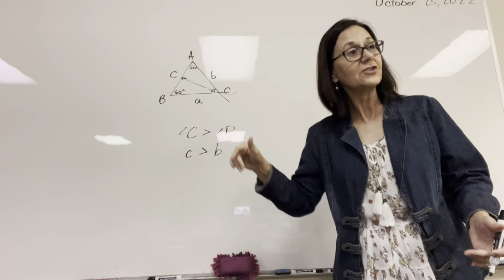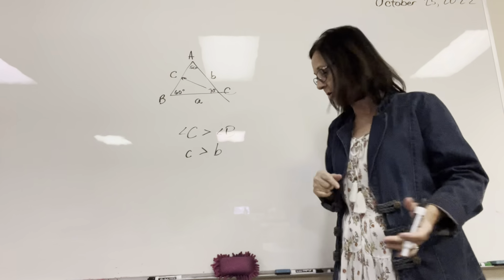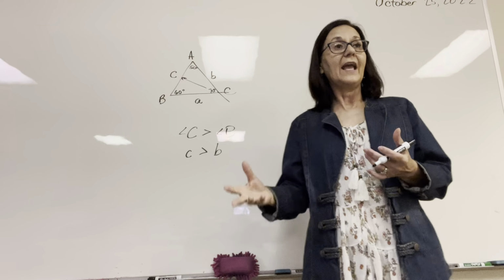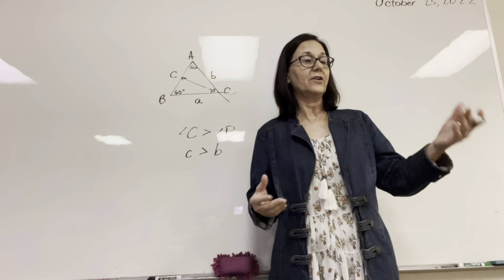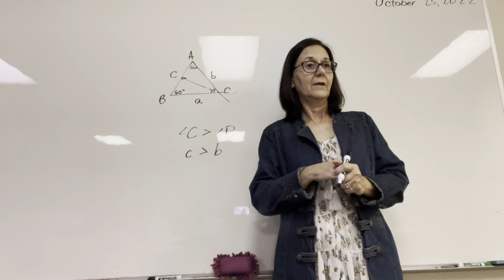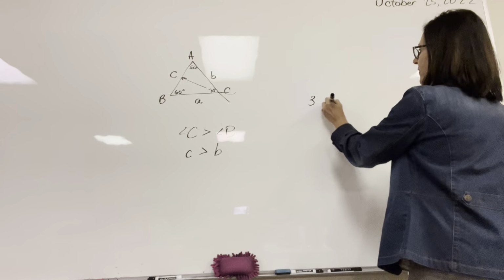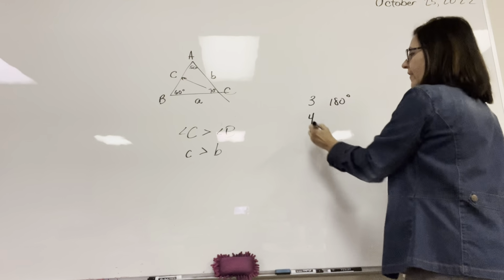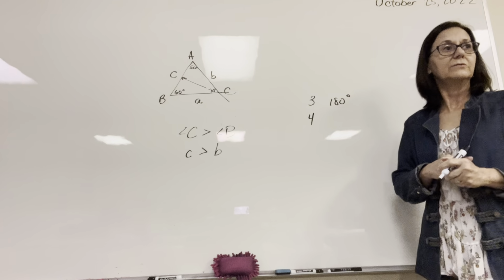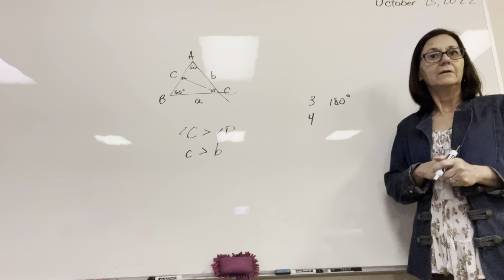And we learned about external angles, and we know about vertical angles, and we know the sum of the angles of a triangle is 180 degrees. If I have 3 sides, the sum of the angles is 180 degrees. If I have 4 sides, what's the sum of the angles? 360.